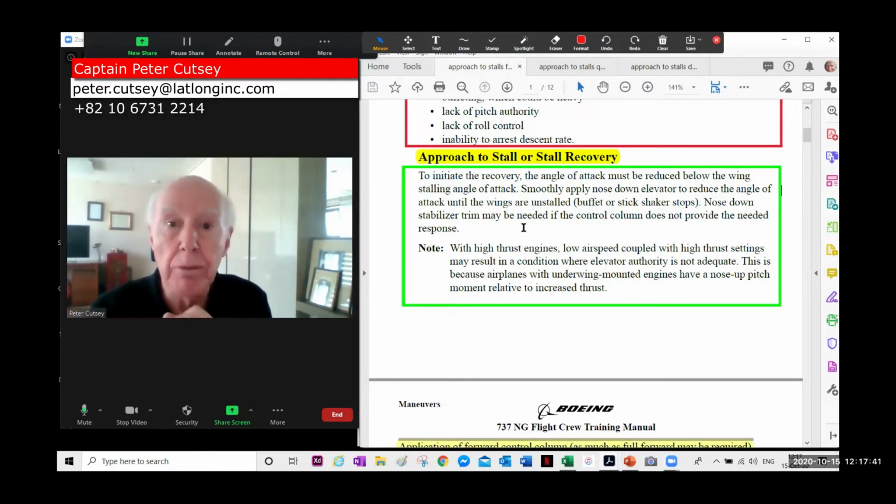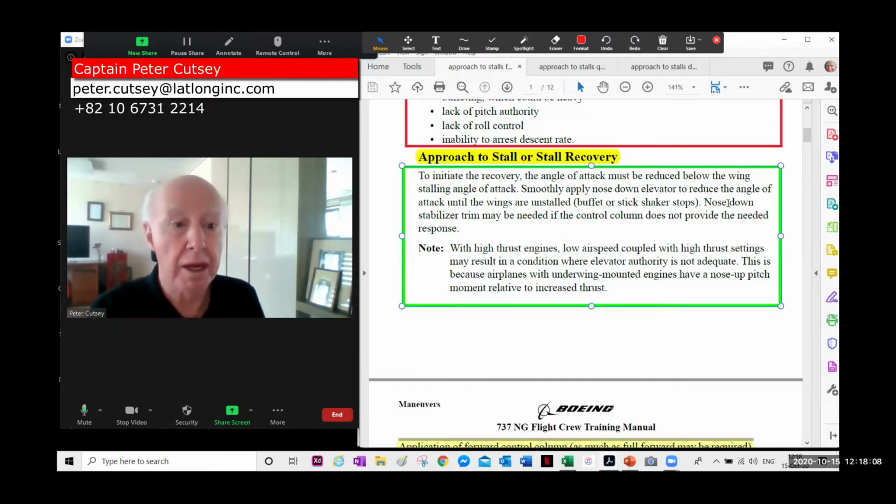We use the term unload because in upset recoveries, this is a new term to allow us to understand pitching forward using elevators, and in some cases, aiding the pitch down with nose down trim on the stabilizer. And smoothly applying nose down elevator to reduce the angle of attack until the wings are unstalled.